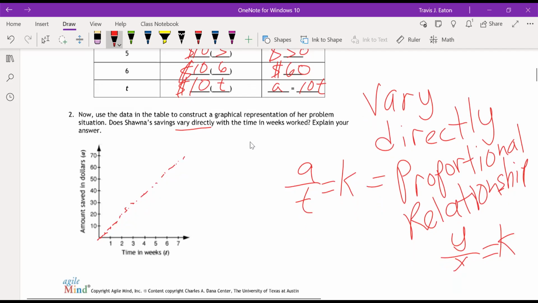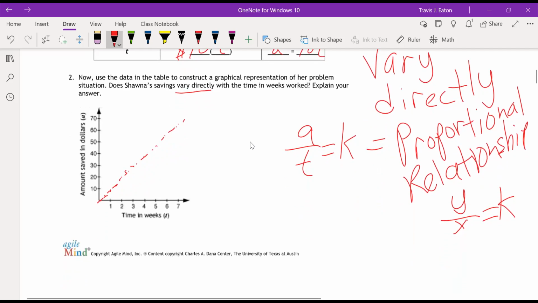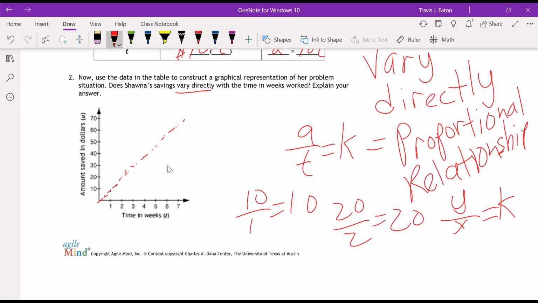Her savings does vary directly with the time in weeks that she worked, because there is that constant every time that you divide A by t. 10 divided by 1 is 10. 20 divided by 2 was 20. So there's always that constant proportionality in every week as they move on.